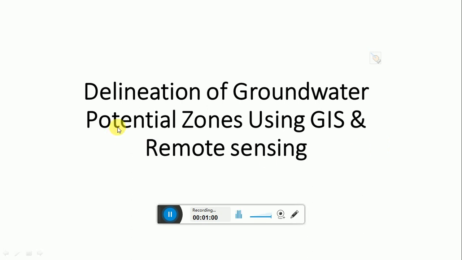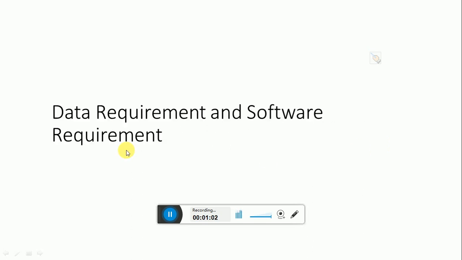Then what we will do is first it's better to see the data requirement. If you remember last time during the class we discussed that there are different factors which might affect the occurrence of groundwater. There are maybe 5, 6, 7, 8, or maybe 10 or more than 10 factors which might affect the groundwater potential of a certain area.